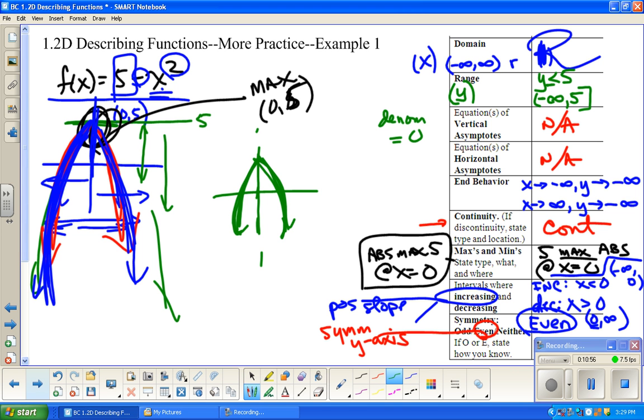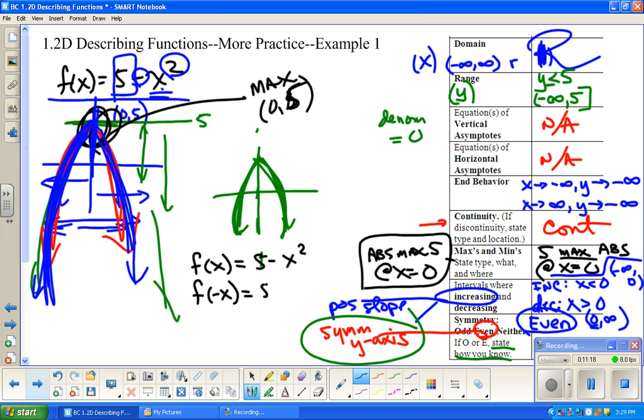Now, so it says, symmetry, odd, even, or neither. If odd or even, state how you know. Symmetric over the y-axis, that's good enough. If it would have said prove, which might be the next question on a test, then we would go back to f of x equals 5 minus x squared, and we would do f of negative x.